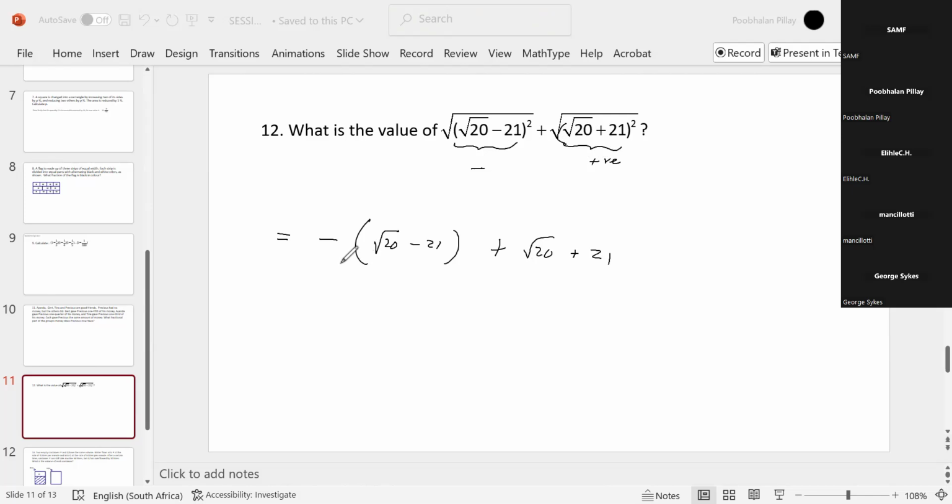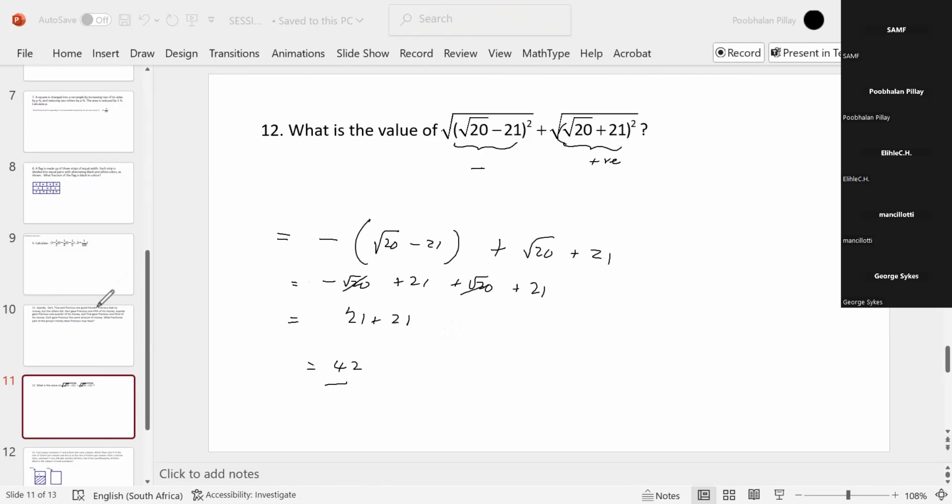And now negative root 20, positive root 20 cancels. Negative 21 and plus 21. And the answer is 42. You've got negative root 20 here, plus 21, plus root 20, plus 21. The negatives and positives cancel, and this is where you are.